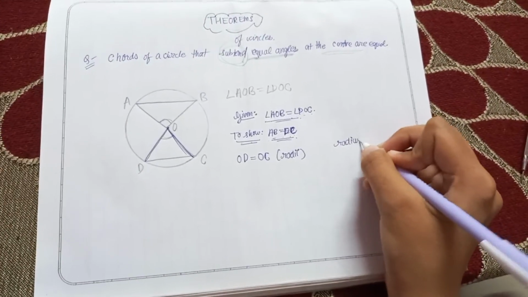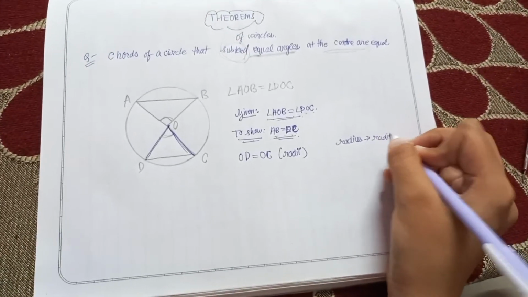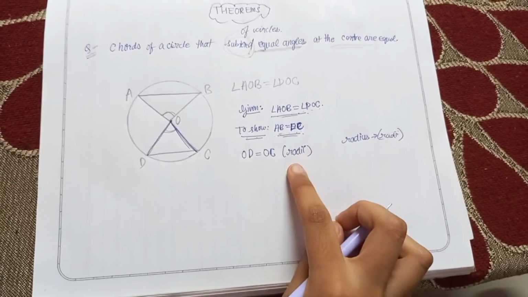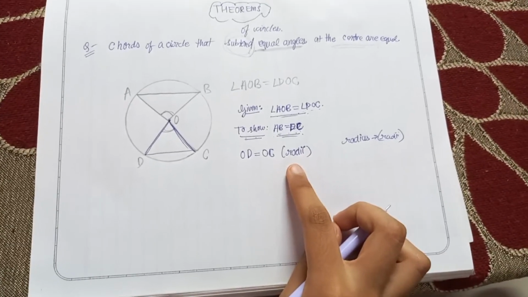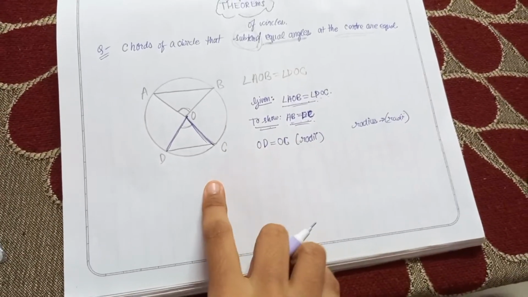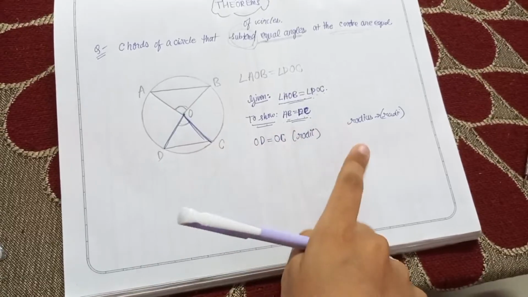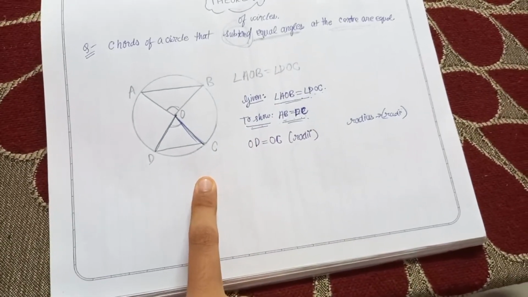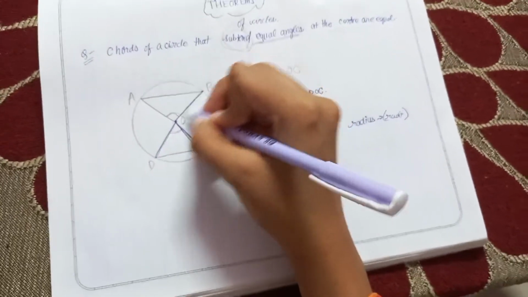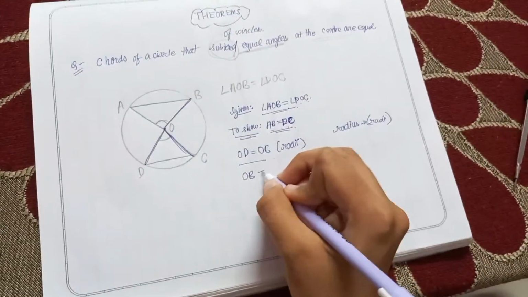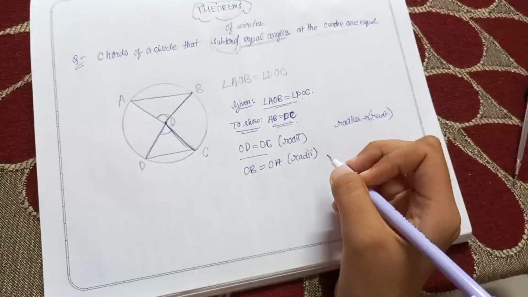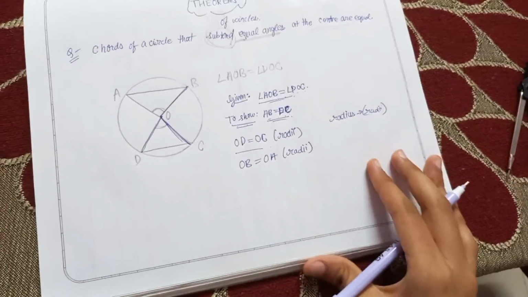The plural of radius is radii, and the reason is a must in the exams, because if you don't write the reasons then you might get fewer marks. Reasons are very important, and the diagrams also. Both the reason and the diagram carry marks. This is also a radius OB. OB is equal to OA. Reason: radii.